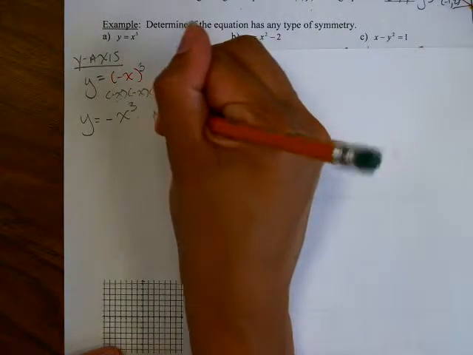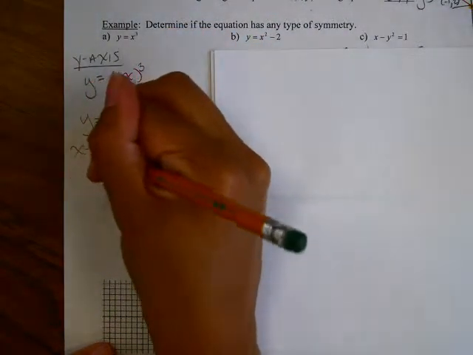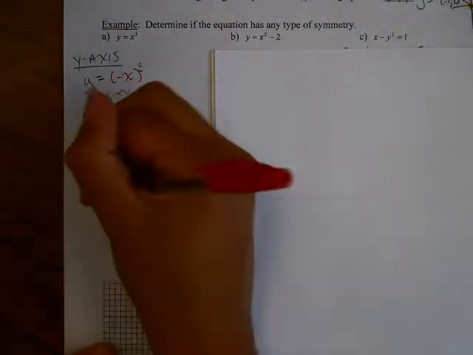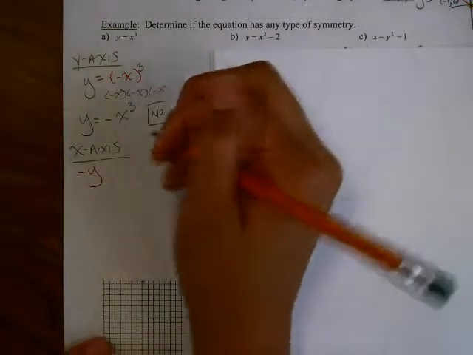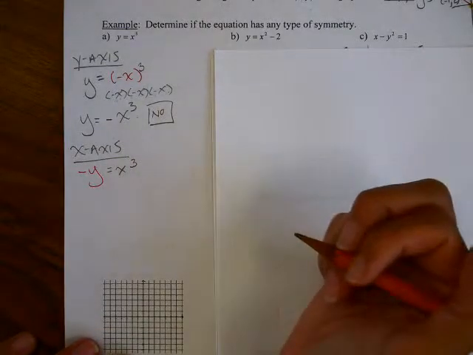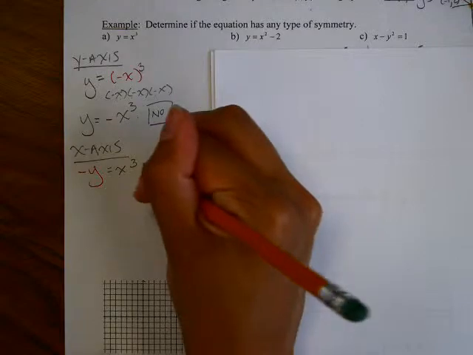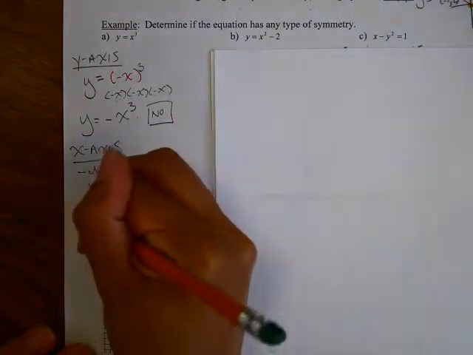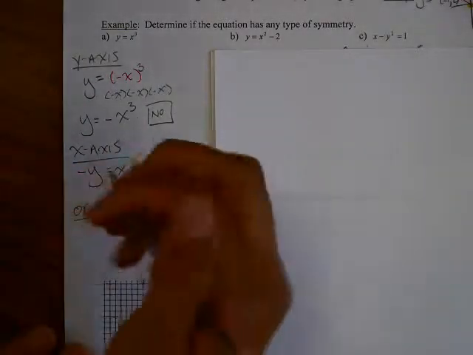No. Next up, let's check our x-axis symmetry. So we replace y with negative y. There's nothing to simplify this time, so is that the same as our original? No. Finally, we get to origin symmetry. That's where we have to replace both.